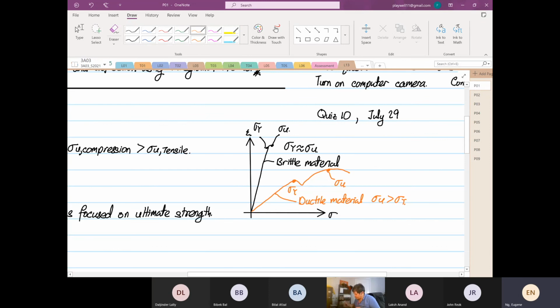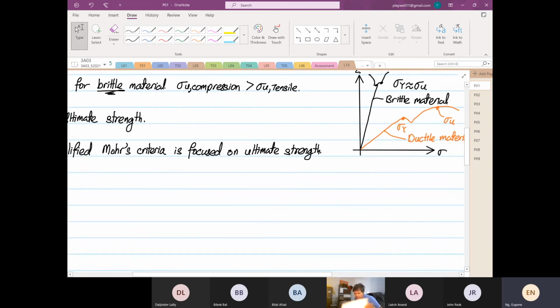I'm now going to draw the mapping of the principal stresses. How did Mohr's criteria mapping look like?